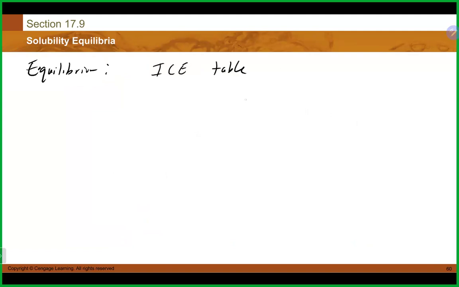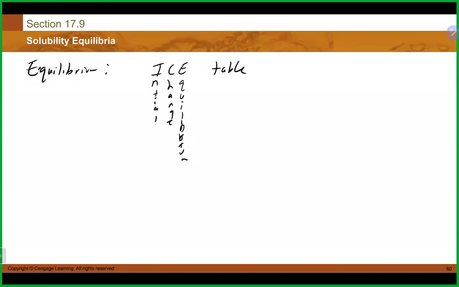An ICE table stands for initial, change, and equilibrium. We use these when we don't know the equilibrium concentrations, but we only know the initial concentrations.